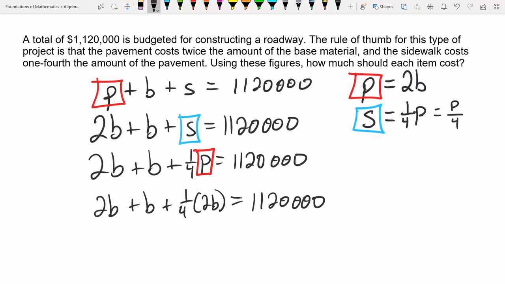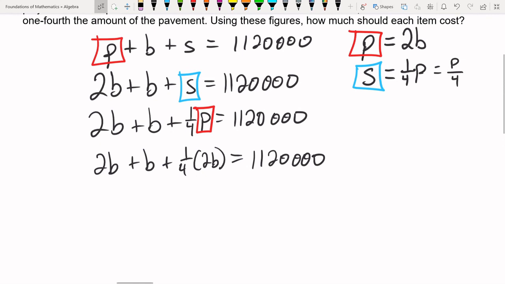Now I can solve for B because I have only the B variable in the equation. Really all we're doing is plugging things in for each of the variables to solve for it. 1/4 times 2 is 2 over 4, and we can reduce by 2 and we get 1/2 B.